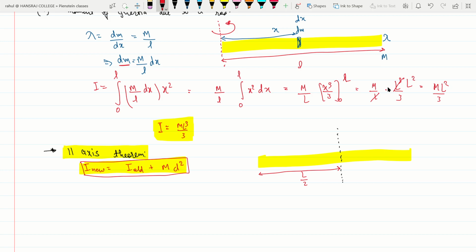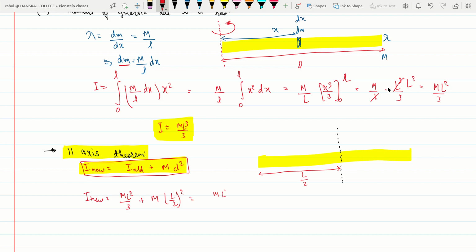Now the new moment of inertia will become the old one. About the one end we know that this is ml square upon 3, plus m times d square, where d is L upon 2 because we are shifting the moment of inertia by an amount L upon 2. So L upon 2 squared.